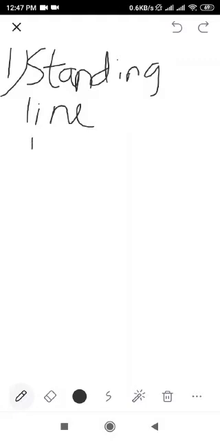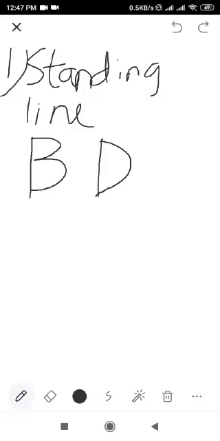So you will draw a straight line first and then you will complete it like this. So the standing line is used in letter B. After that the next letter D, right? So in D also you have to draw a straight line first and then complete the letter D. So in letter D also we use the standing line.